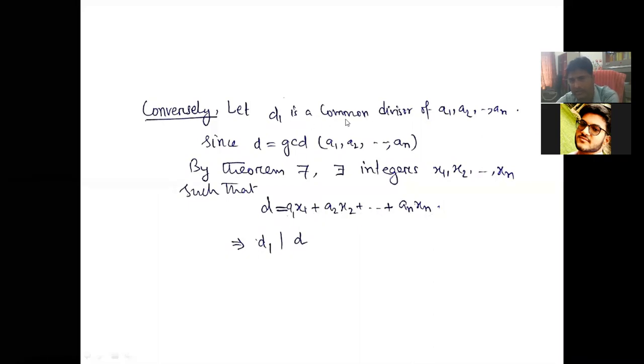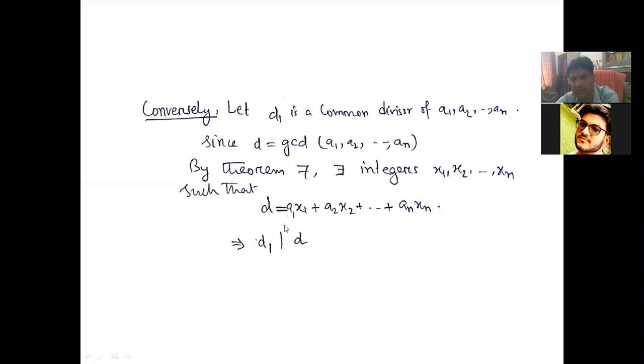Since D1 is a common divisor, D1 divides this expression, and the value of this expression is D. So D1 divides D.